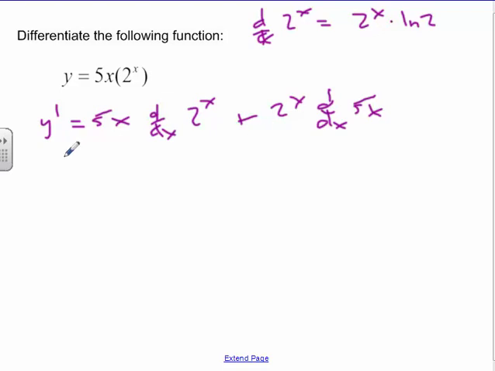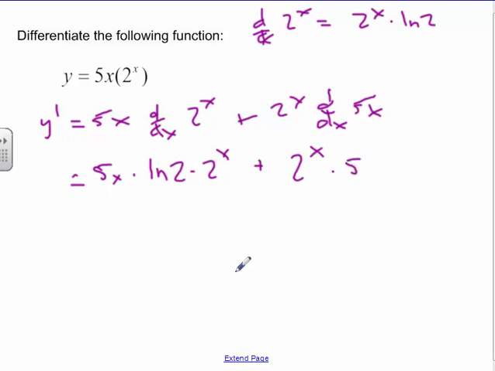Okay, so 5x just stays 5x. That's pretty easy. 2 to the x, we've now learned, becomes ln 2 to the x. And then for the last one right here, the derivative of 5x becomes 5.